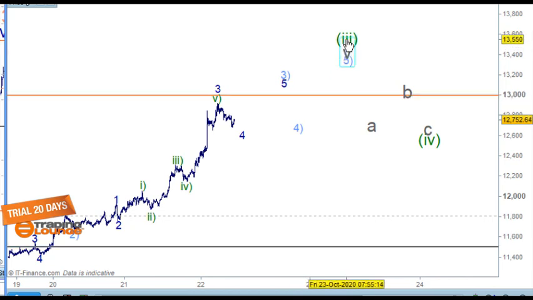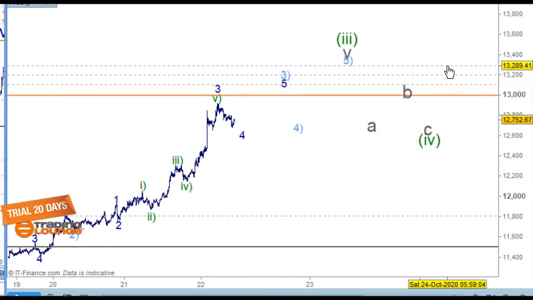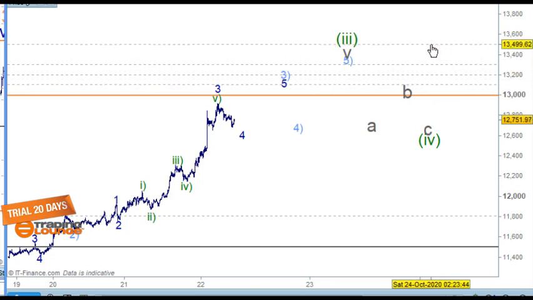But once we've arrived here, then we'll have an A and a B and a C wave. The other point I wanted to make is that this is a major level here, and then 100, 200 and 300, the next is the minor levels, and then we've got 500 after that.